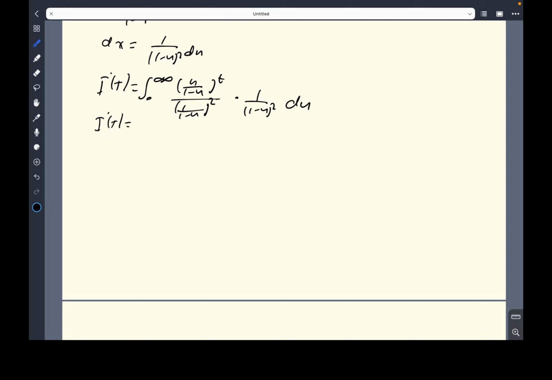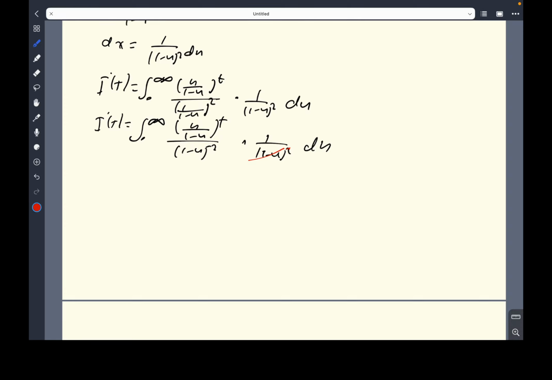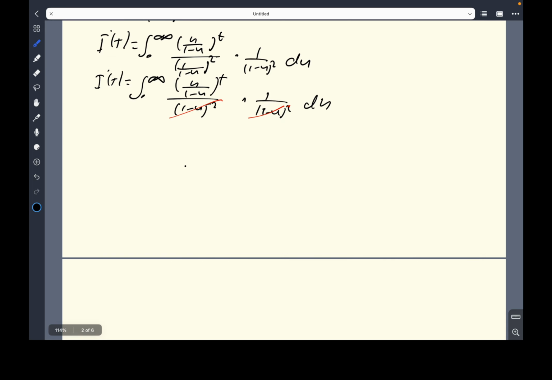And I can simplify this integral a little bit more. These two powers are going to cancel out again, which makes our work a lot simpler. So the integral from 0 to infinity of u over 1 minus u to the t du.